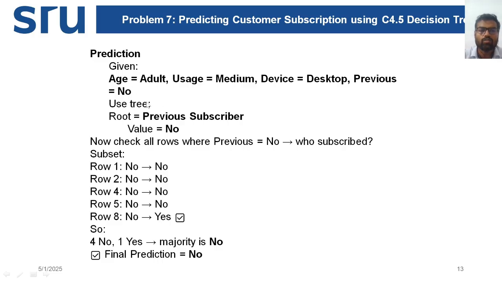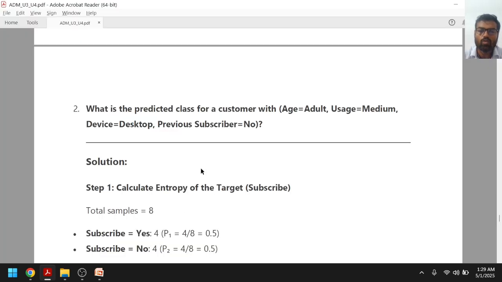Here, in the tree, previous subscriber is the root, and the value is no. Check all the rows where previous subscriber is no. Row one, for example, no. I just want to go back to the data set.